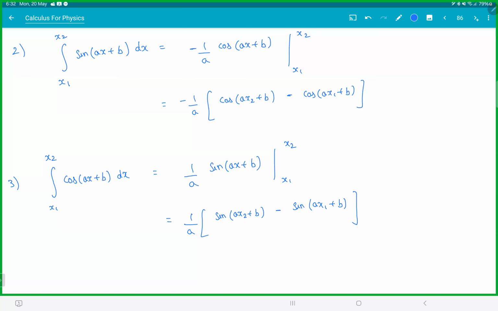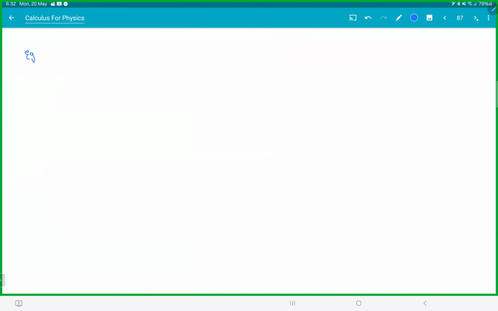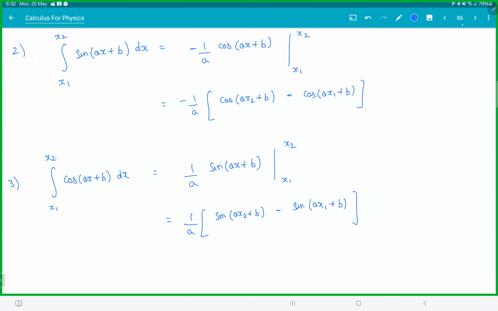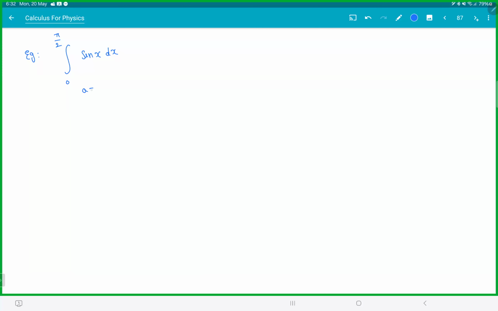Let me show an example. Turn the page. Let's say someone asks you the integral of sin x dx from 0 to pi by 2. Looking at the formula for sin(ax + b), the value of a is 1 and b is 0.